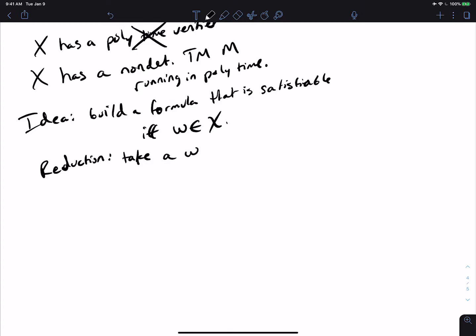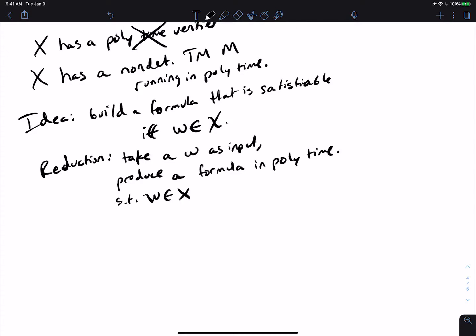Take a W as input and produce a formula in polytime, such that W is in X if and only if the formula is satisfiable.